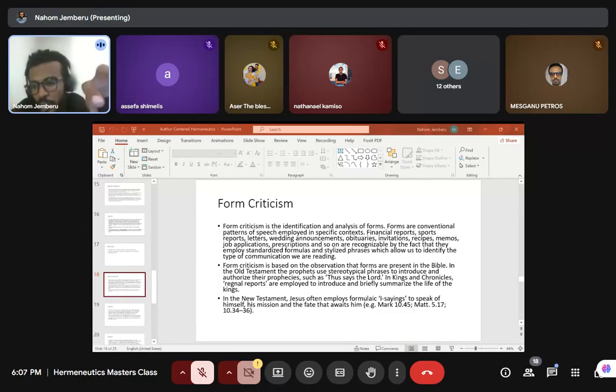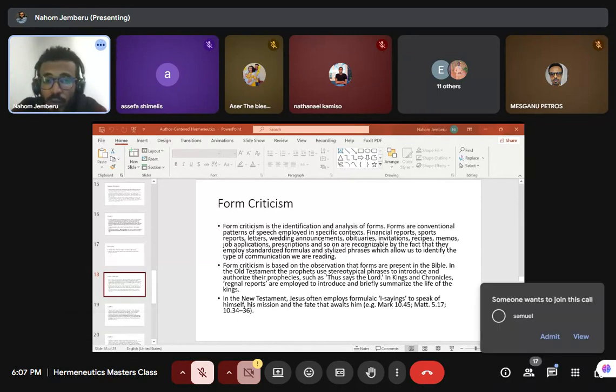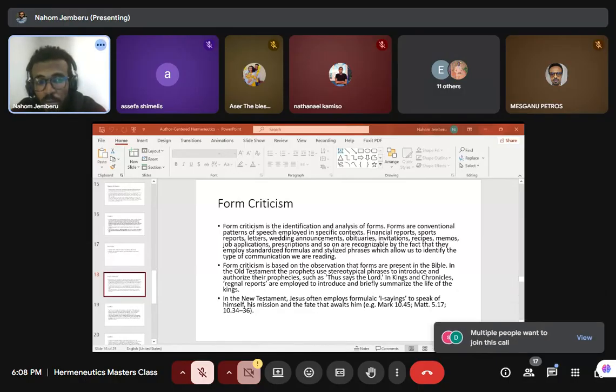And then you expect to read your name down there, and then you expect to read where the venue is, when, and you finally expect to read those who actually sent your invitation, right? So writings, literary outputs follow patterns. The same is true in job applications, in prescriptions, right? The same is true when it comes to the biblical material as well.